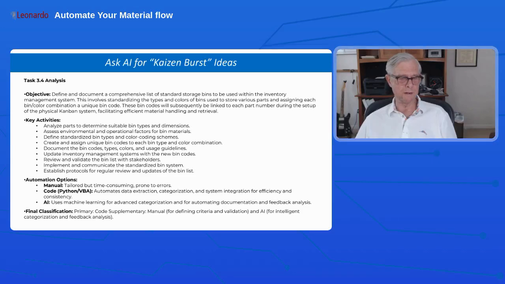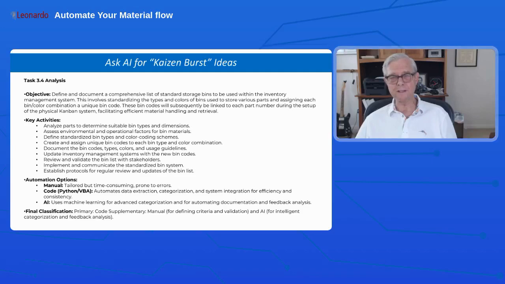So what it said was a manual option. It's customizable or tailored, but very time consuming and prone to errors, so not recommended. What it is recommending here is Python or VBA code to automate the data extraction, categorization, and system integration for efficiency. And then AI using machine learning for advanced classification, for automating the documentation of your system, and for feedback analysis, et cetera.